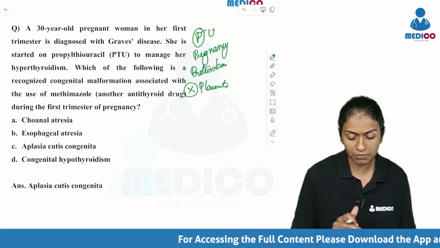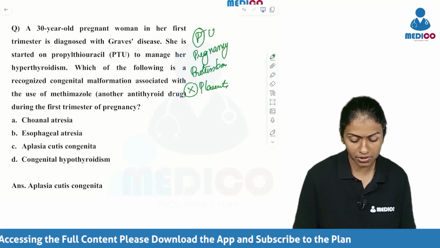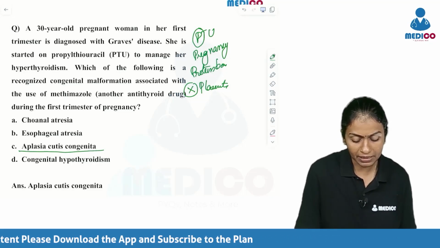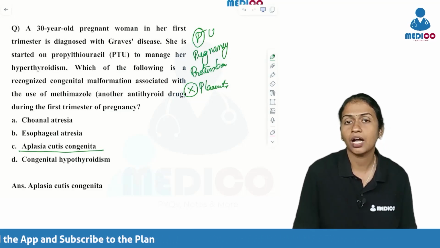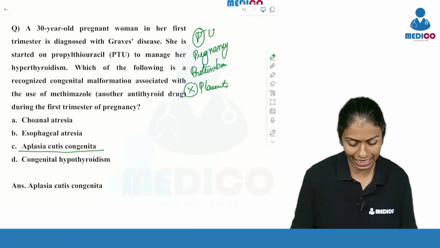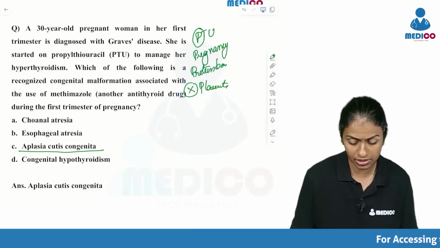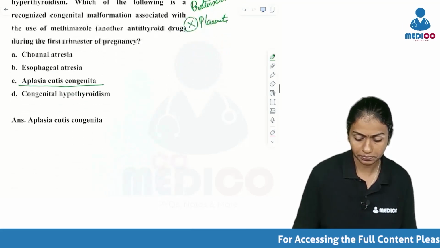Now, when you're giving methimazole, what is the risk when you're giving methimazole during the first trimester? The patient can have aplasia cutis congenita, where there is deficiency of the skin, especially on the scalp. That condition is what is known as aplasia cutis congenita. Okay.